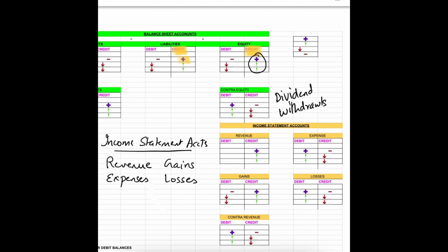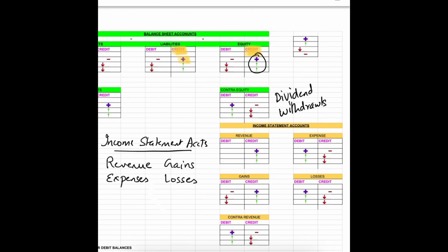At the end of each year, the income statement balances are transferred to the stockholder equity account. Balance sheet accounts are the permanent accounts. Balance sheet account balances are carried over to the next year. So income statement accounts are temporary accounts.